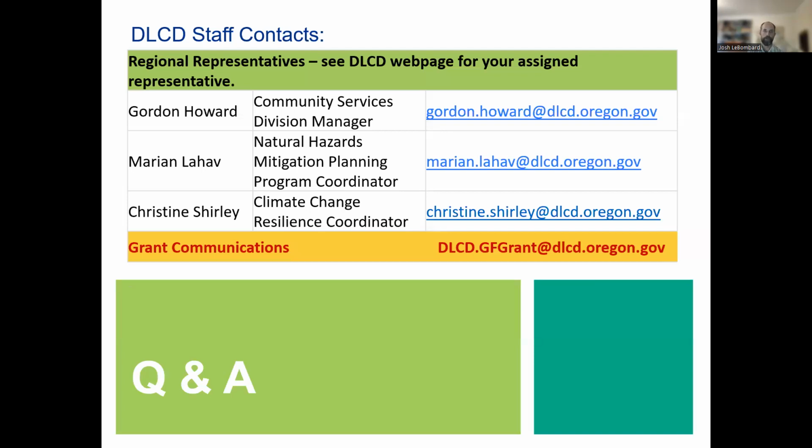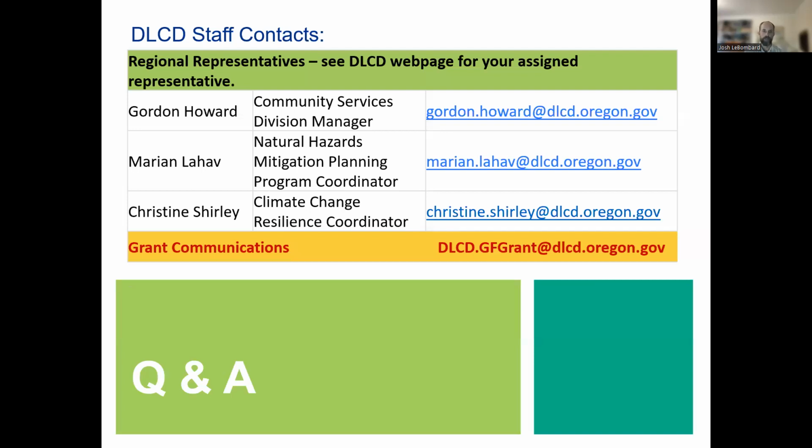So if you have questions about this during your application, then contact your regional representative and they can help walk you through it. They may need to bring in some other staff from DLCD to give you some guidance on that. The 8 hours, or it's really up to 8 hours of assistance, is in regards to the actual project.